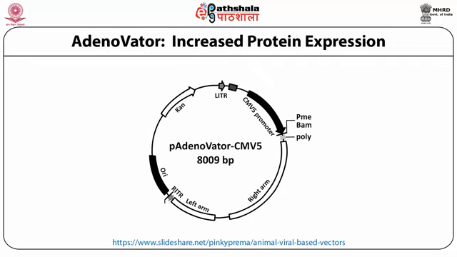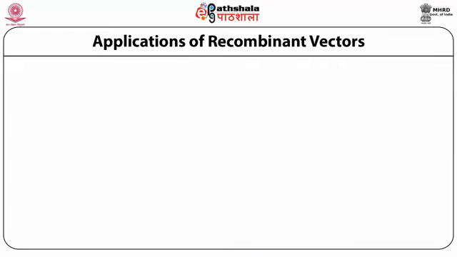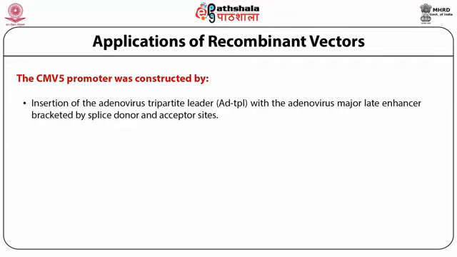Because we have multiple gene insertion, we can have better or increased protein expression while using this virus as a vector. The viral vector has the CMV5 promoter, which is constructed by the insertion of the adenovirus tripartite leader sequence, ADTPL, with the adenovirus major late enhancer bracketed by splice donor and acceptor sites.